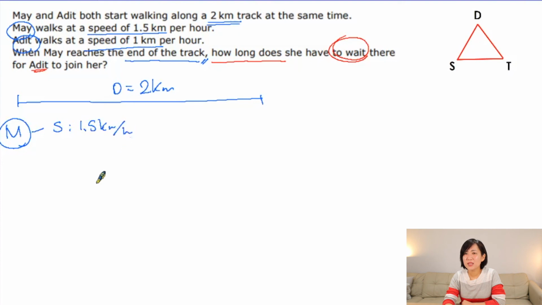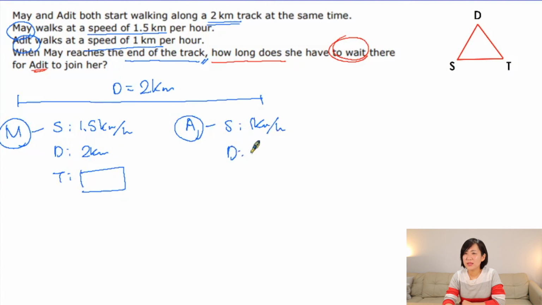The distance is 2 km because they reached the end of the track. Then time is missing, right? Our missing value is time. Then Adit: speed is 1 km per hour, distance is the same, 2 km, and time is what we need to find. So let's calculate the times for both children.